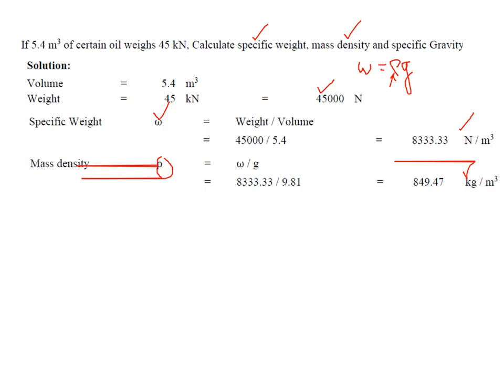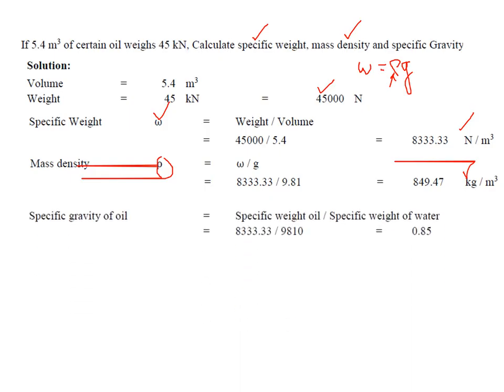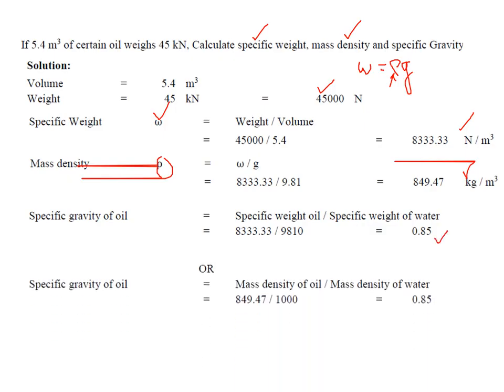So you get specific gravity as 0.8495, which is about 0.85. So the mass density of water is 1000 kg per meter cube, and you should get 0.85 as the answer.